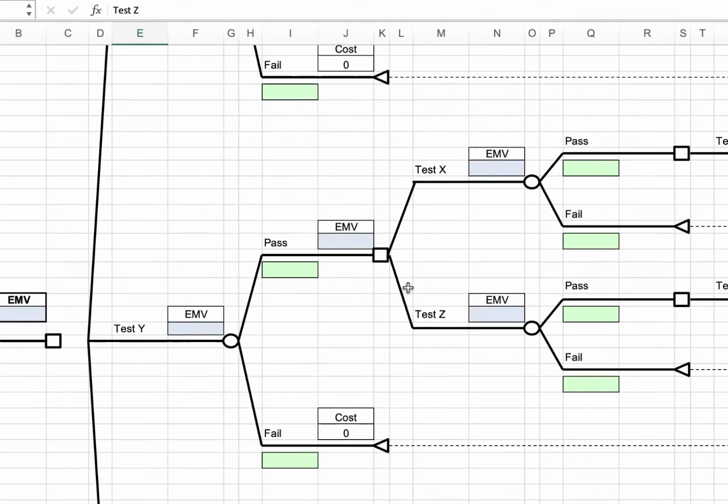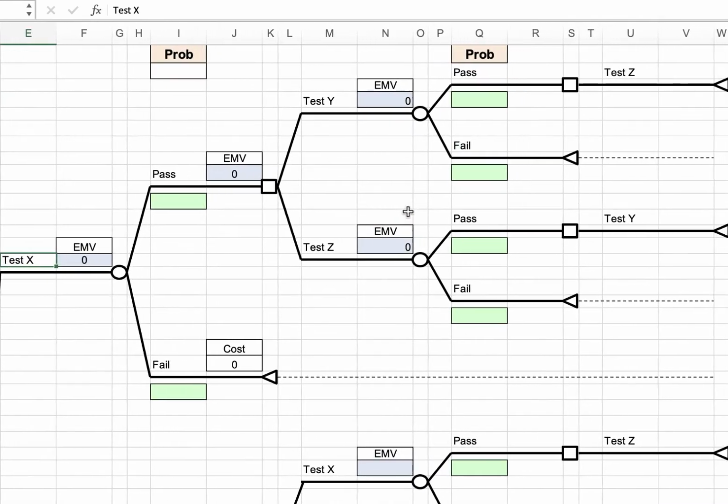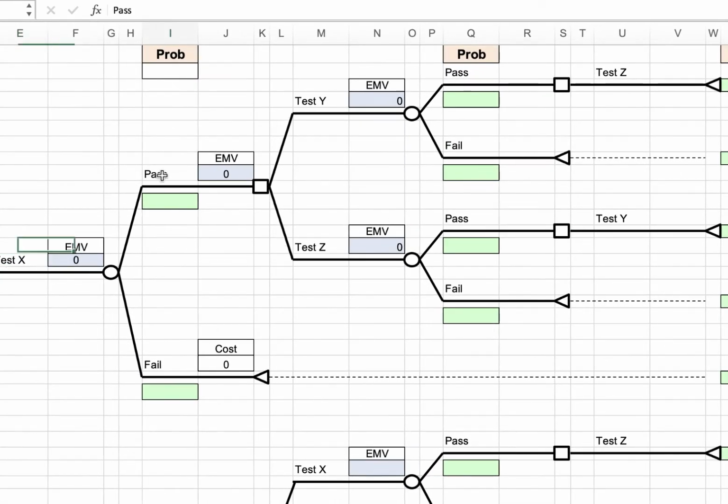So let's just understand the logic of the decision tree. If we make the decision at node 1 to begin with test X, we could either pass or fail. If we pass, we can go on, but if we fail, the board must be scrapped.